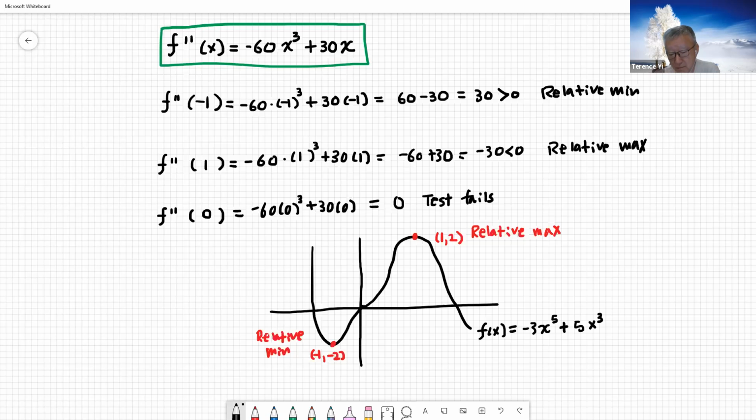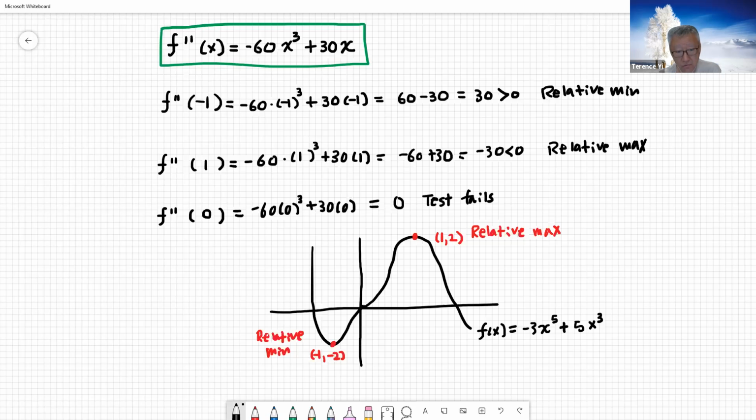Remember, when you find the relative extrema, we are finding them on the original function f of x. The other things you're finding, like f prime of x and f double prime of x, are just indicating on that original function f of x where the function is increasing, where the concavity is going up and down, and where the relative extrema are.